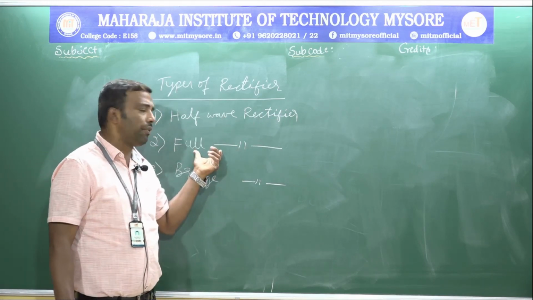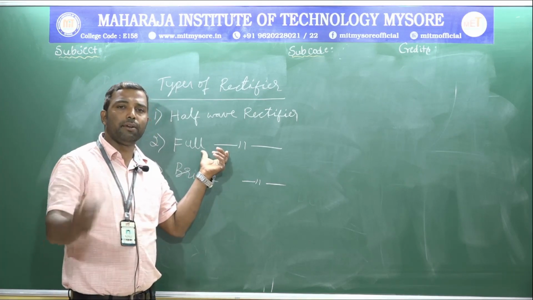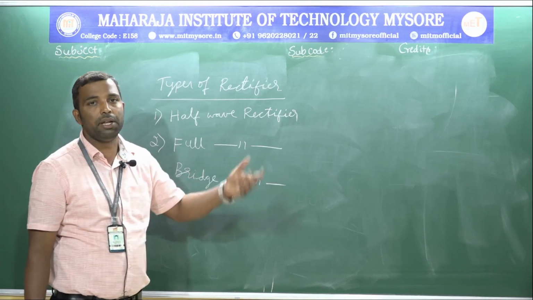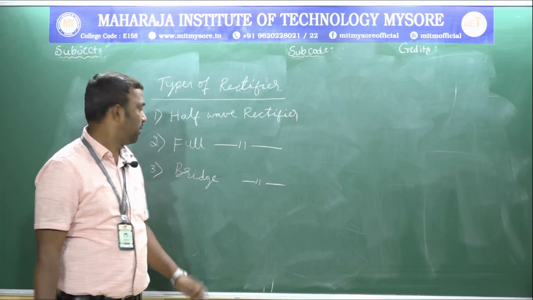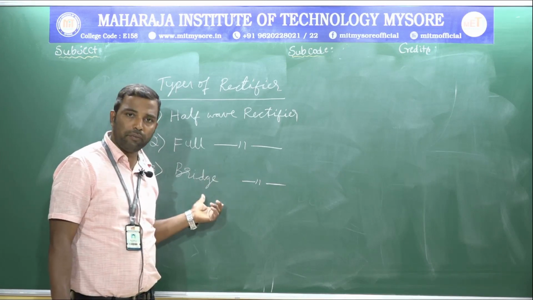What is a full wave rectifier? In this, the full cycle of the input AC is converted into DC, called pulsating DC. What is a bridge rectifier? This is the advanced version of the full wave rectifier.